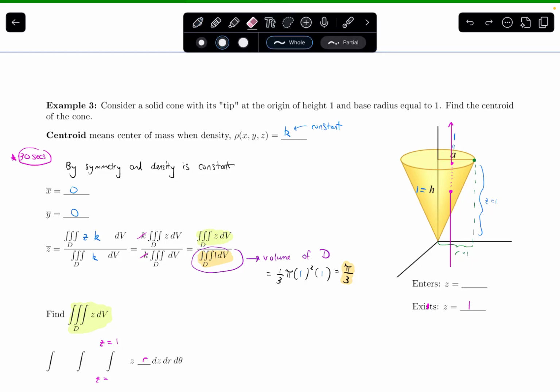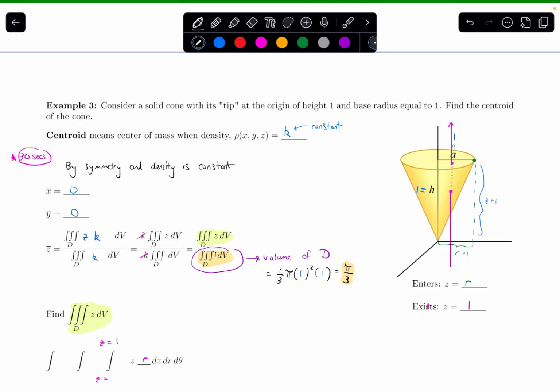So as r and z increase going up along the edge of the cone, they're always going to stay in this 1-to-1 ratio. So this describes a line with a slope of 1, and that equation is just z equals r.